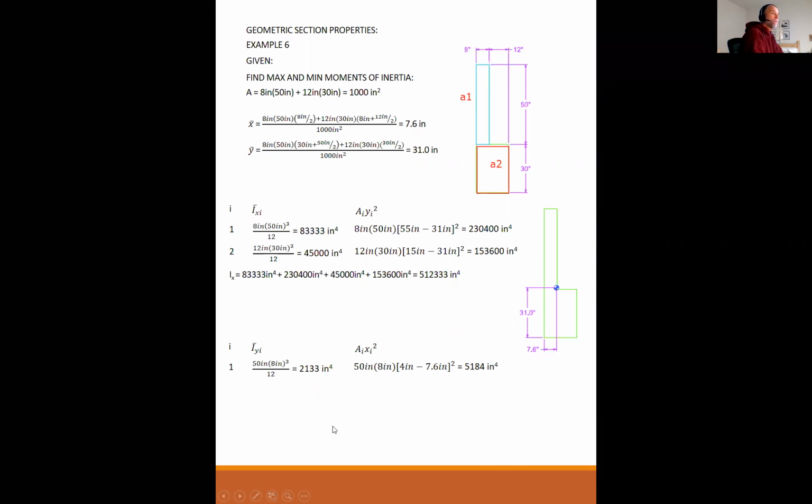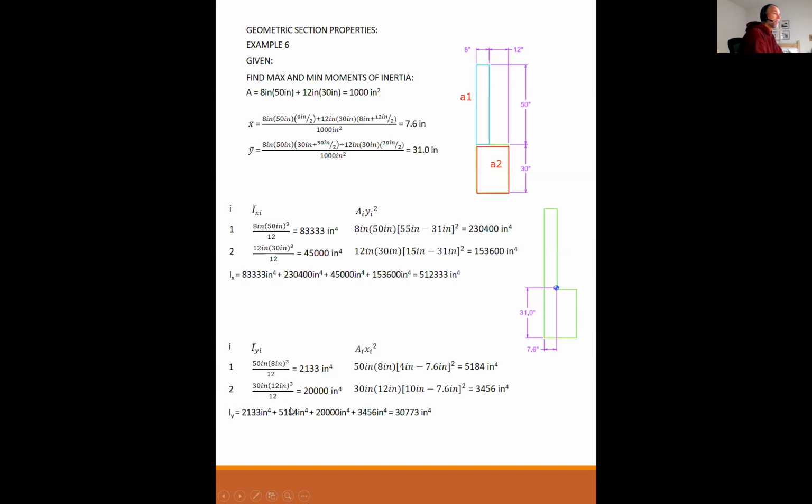That's 5184. Part 2, 30 times 12 to the 3rd, I'm going to quit pointing out where all the typos are on this, but 20,000. 30 times 12, (10 minus 7.6) inches squared is 3456. Add them all together, I get 30,773 inches to the 4th about the minor axis.